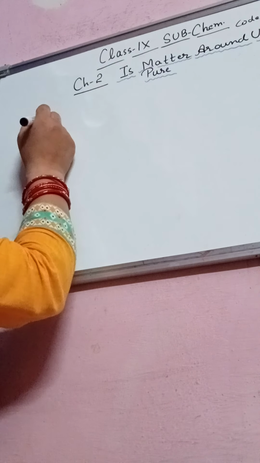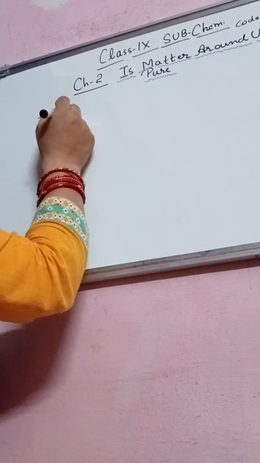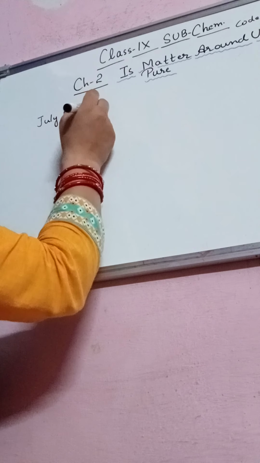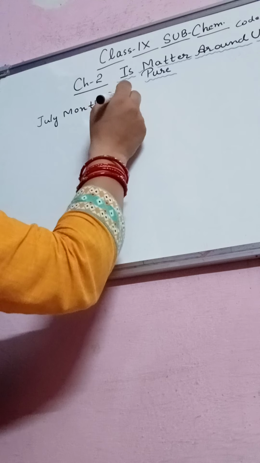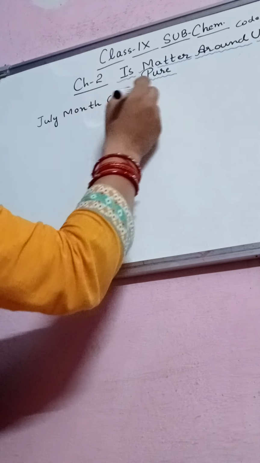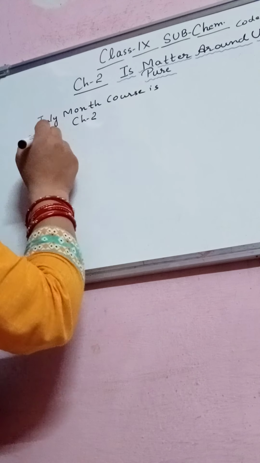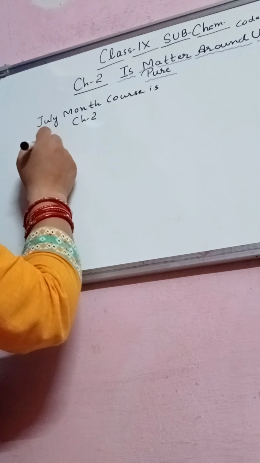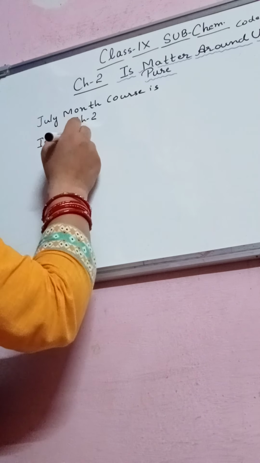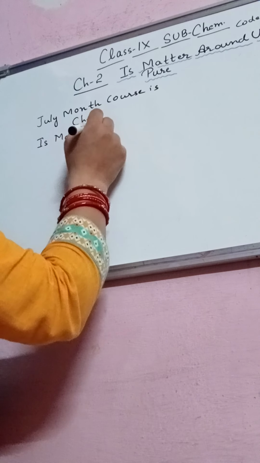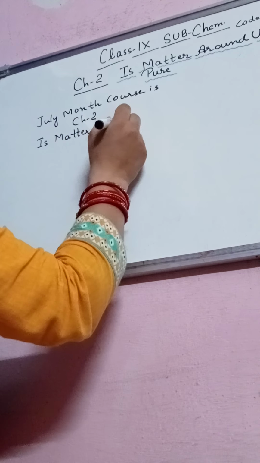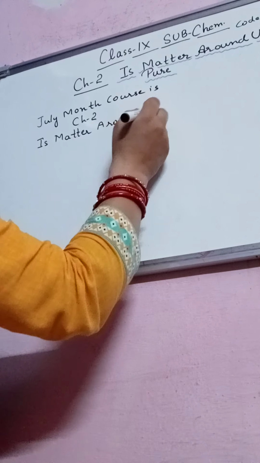So the July month course is chapter 2, Matter Around Us Pure.